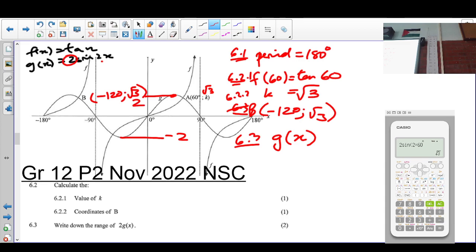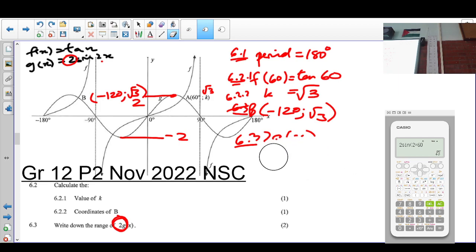So what effect does the 2 have in front of the g of x? It's going to enlarge the graph by 2. For those of you who can't see it, if g of x is 2 sine 2x, you multiply that, I'm going to get 4 sine 2x. As you can see, its minimum and maximum is going to be negative 4 to 4.